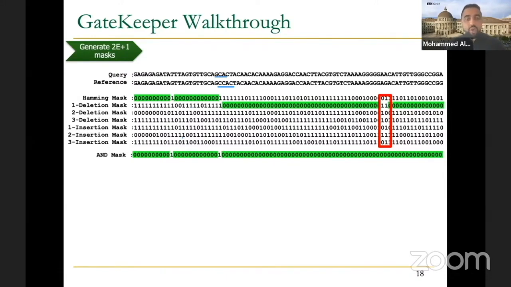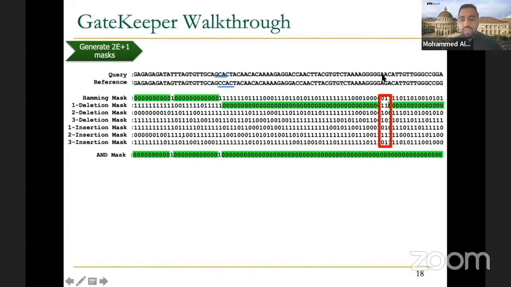And that might cause what we call a false positive or false accept. So you accept the wrong sequences. They have a high number of differences, but because of the AND operation, you underestimate these numbers, and then you accept these pairs. As you can see here, we got no ones, although there are two differences over here.